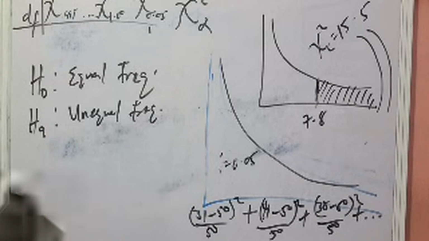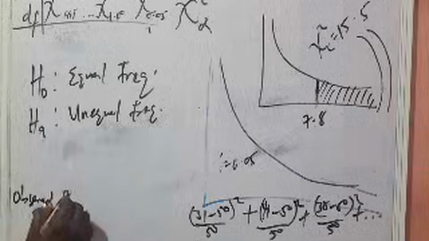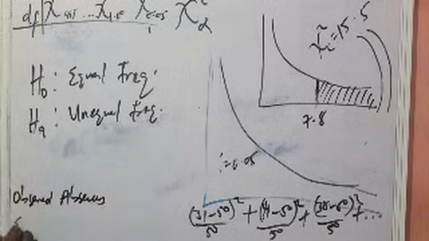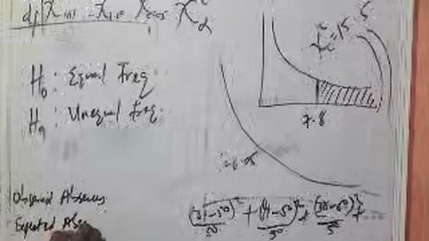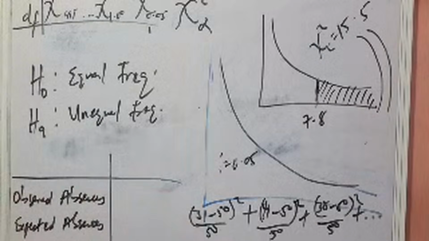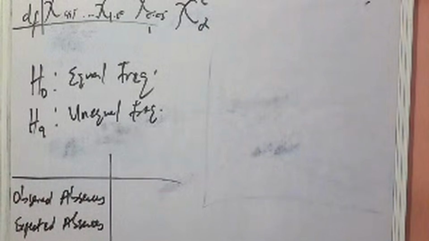This is how the table was. We're told that, of course, we have observed absences. When I start seeing something like that, I already know this is a goodness of fit test, because this kind is actually best for categorical data. Now we're presented with the days of the week.